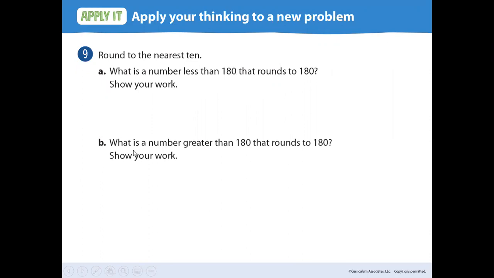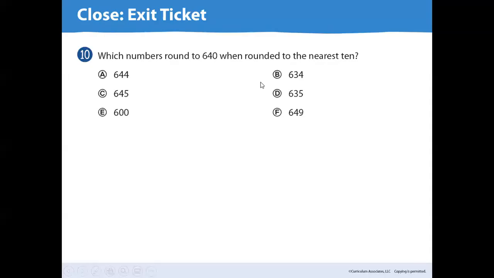What is a number greater than 180 that rounds to 180? And our last problem. Which numbers round to 640 when rounded to the nearest 10? 644, 645, 600, 634, 635, 649.